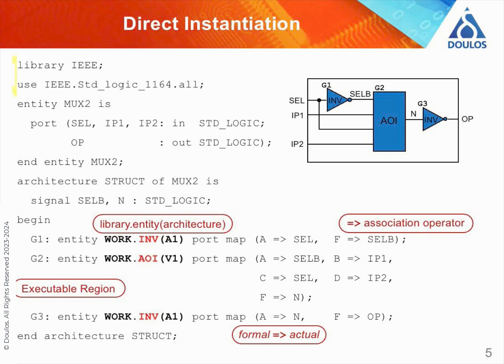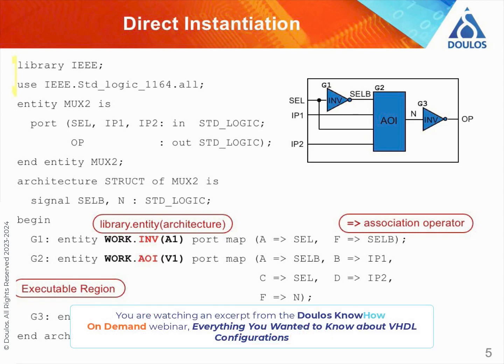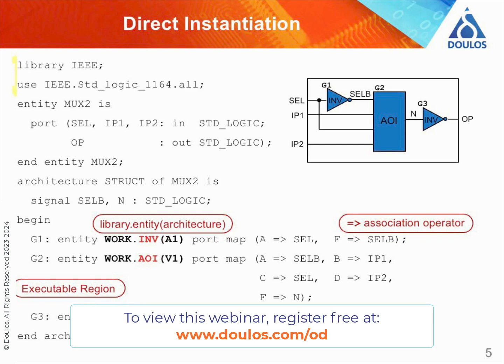Use IEEE.stdlogic1164.all. And what that means is that we want to use all of the stuff that's in the std logic 1164 package. The idea of libraries will come back to us later when we are talking about configurations.